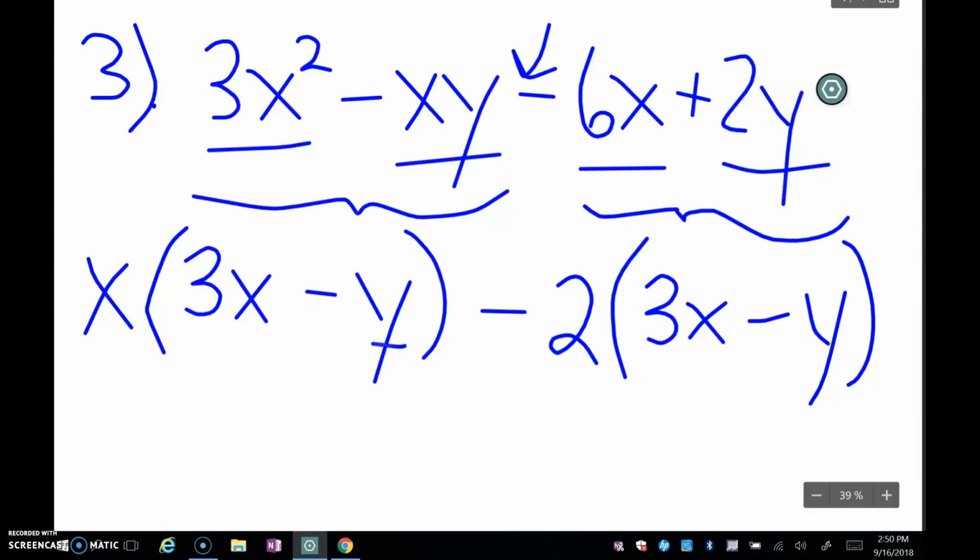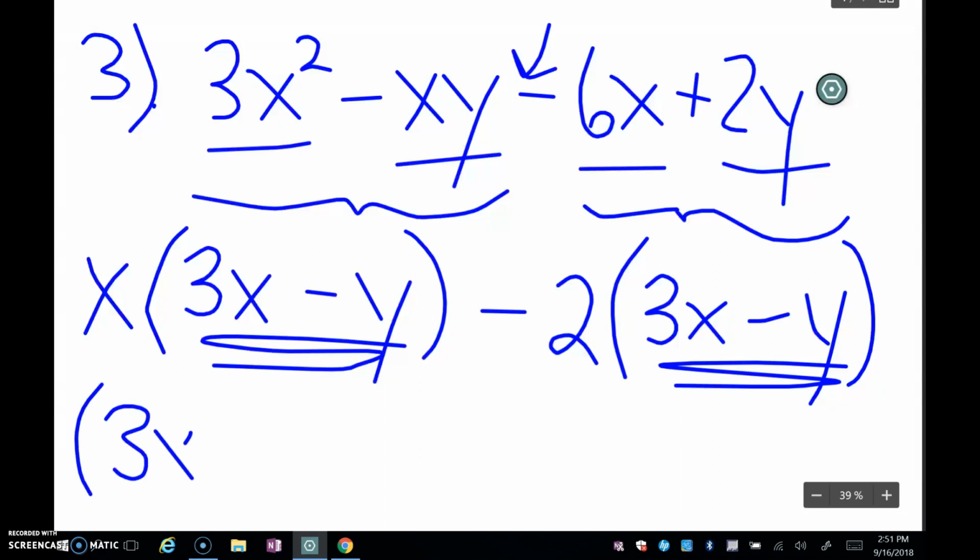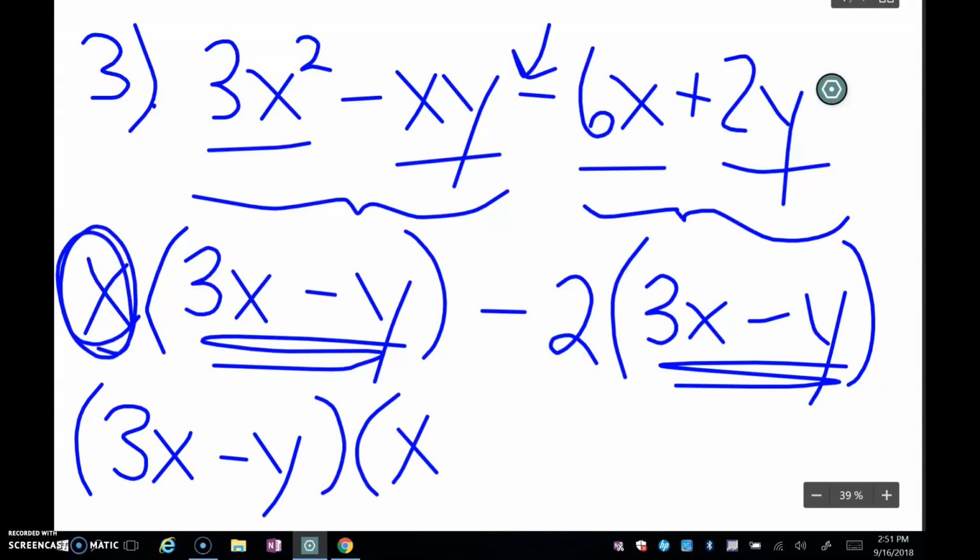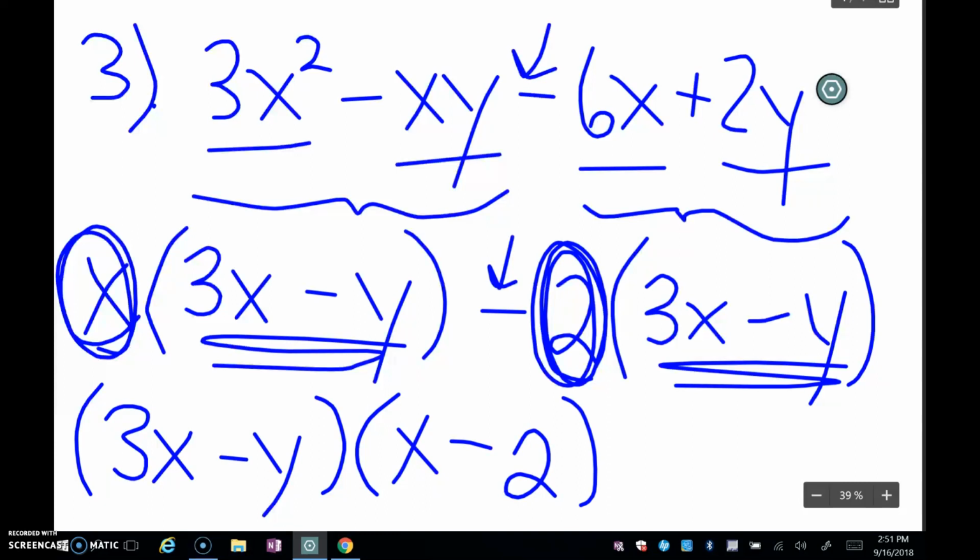Again, the 3x minus y is common to both terms, so I will factor that out, 3x minus y. What I have left then is the x from the first term, my minus sign, and my 2 from the second term. And that is what is called factored form because I am multiplying 3x minus y times x minus 2. And that's it. That's factoring by grouping.